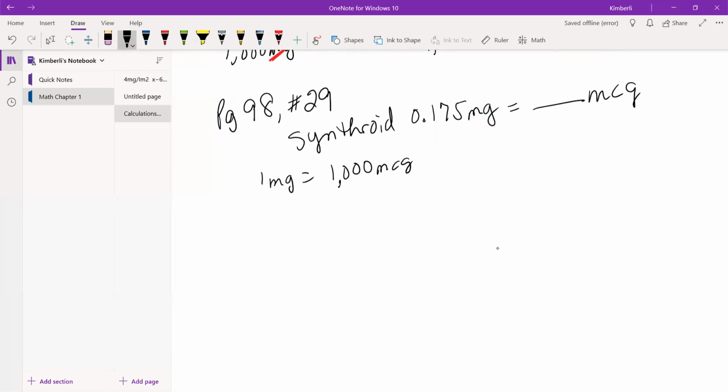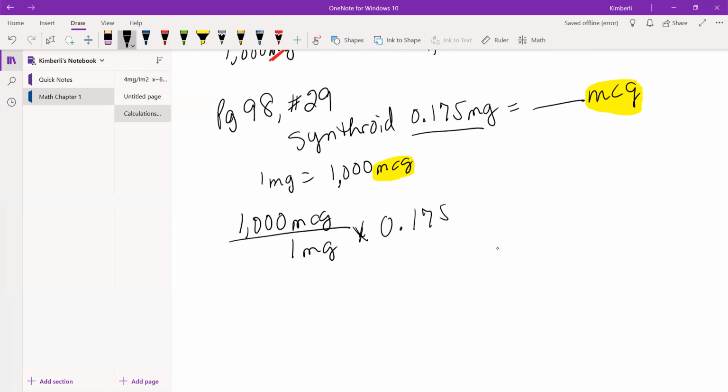I want to end up with micrograms, yes? So I'm going to put the micrograms on top. 1,000 micrograms over 1 milligram, then I'm going to multiply it by what I already know, 0.175 milligrams, and I'm going to put it over 1 just to make a fraction out of it.